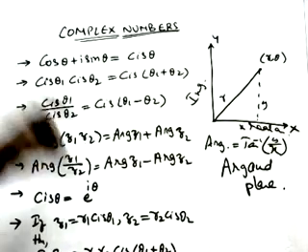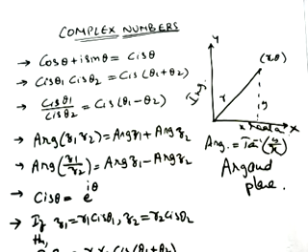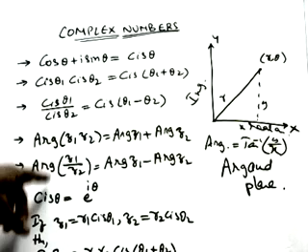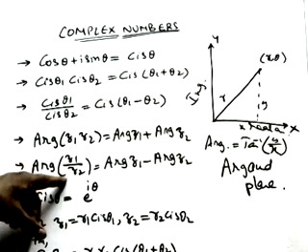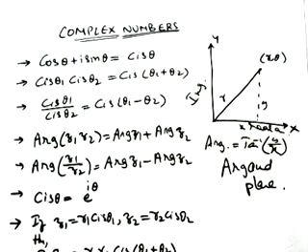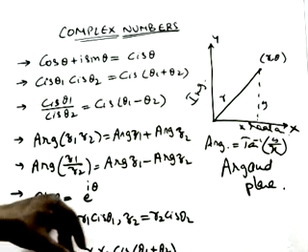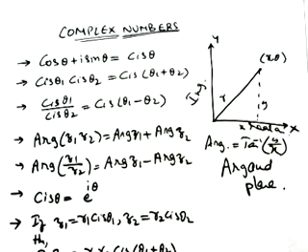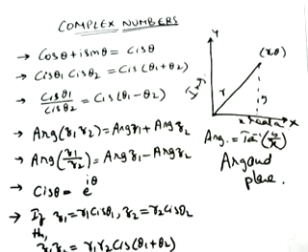Okay, so here also we have a few formulas. Argument of z1 z2 equals argument of z1 plus argument of z2. Argument of z1 by z2 is argument of z1 minus argument of z2. Also sometimes we can use this formula: cis theta equals e power i theta.